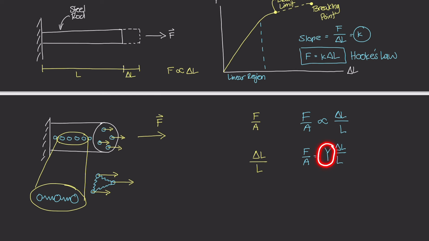And Young's modulus is directly related to the spring constant of each of these molecular bonds that we were looking at. So Young's modulus doesn't really care about the composition and the geometry of this material. All it really cares about is what the relationship between the force and the molecular bond is at a very atomic level.